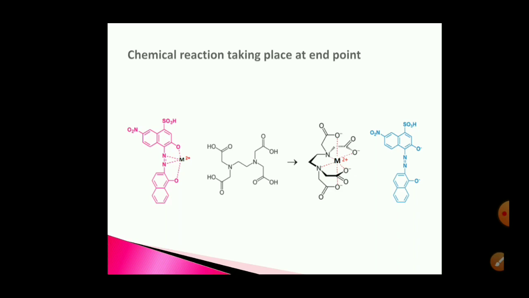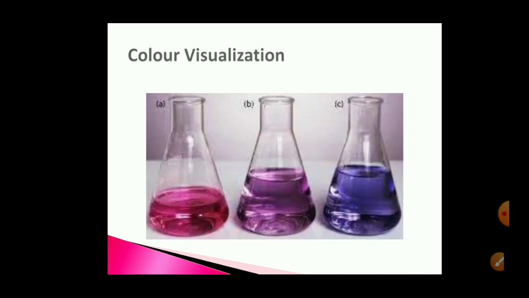So the color changes from wine red to blue, and that is shown here through two colors and the complete structures of the reagents. Now let us have the color visualization of these complexes which are formed, or the color change that is going to take place at the end point.